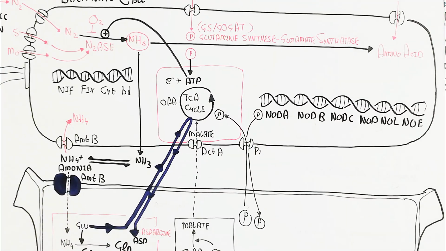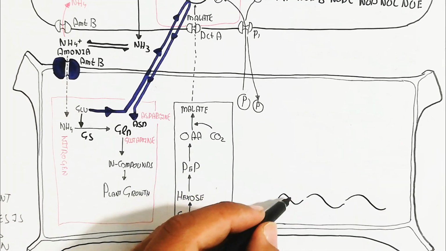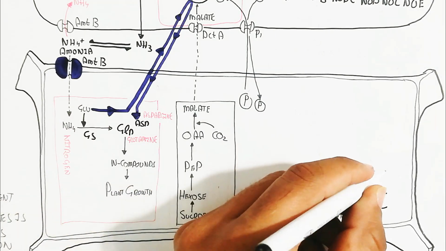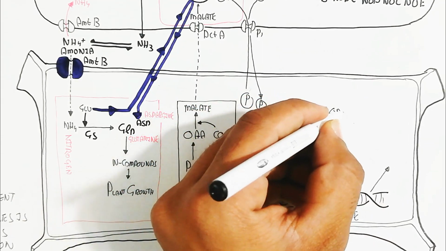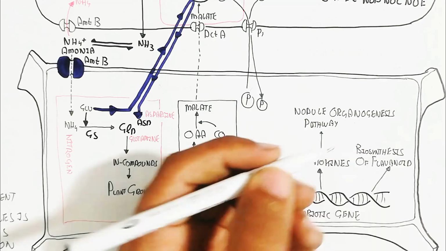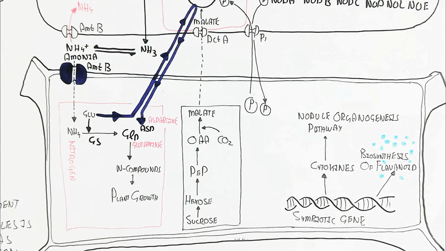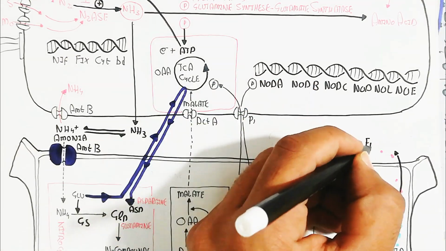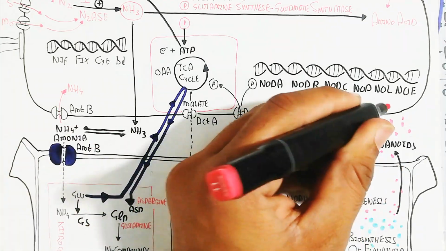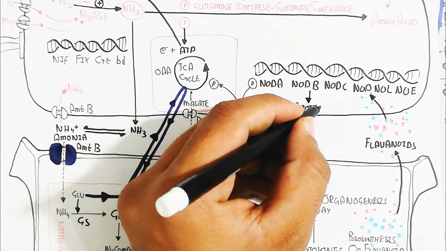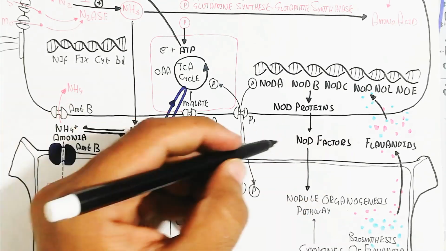The nodulation genes nodA, nodB, nodC, nodL, nodN, nodO, nodE, nodD and nitric oxide related genes are present in the bacteria, while the plant symbiotic genes produce cytokinins, the nodule organogenesis pathway and the biosynthesis of flavonoids. The flavonoids move toward the bacteria and activate the bacterial nod genes, which produce the Nod proteins that are important for nodulation.